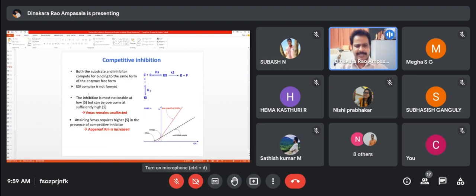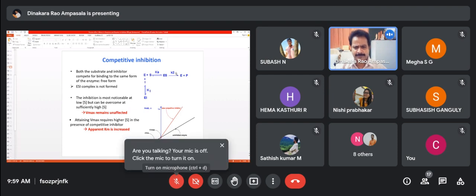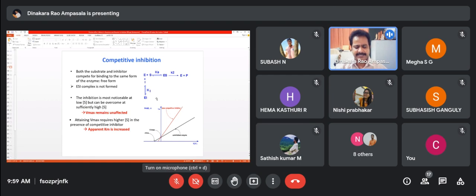In these competitive reactions, you can see an enzyme-substrate complex is formed, and then the enzyme product. The competitive inhibitor will bind to the binding sites and form an enzyme-inhibitor complex, so it will not go further to get product. Here you can see one thing: the Vmax is unaffected.